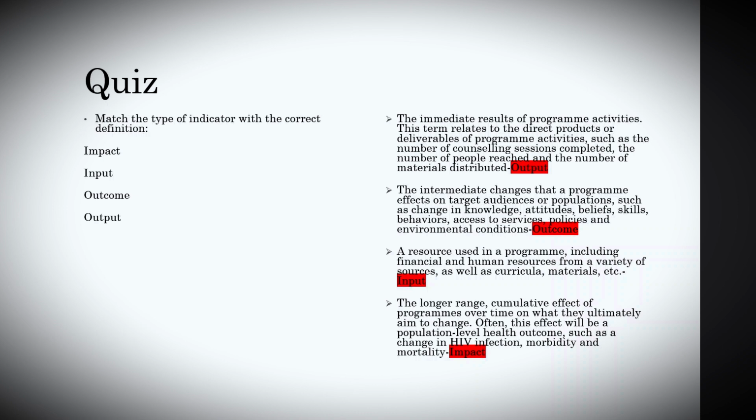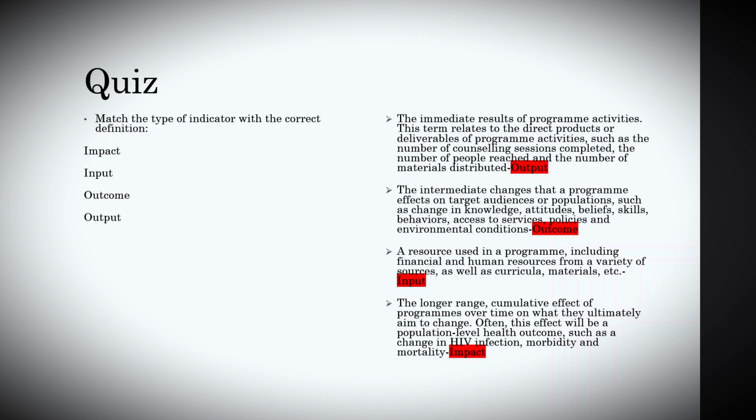Number two, the immediate changes that our program effects on the target audience or population, such as behavior, access to services, policies, and environmental conditions. Here is outcome, and we have defined outcome as those changes that come from the output, and mostly involve change in knowledge, attitude, belief, skills, or behavior, or access to services.